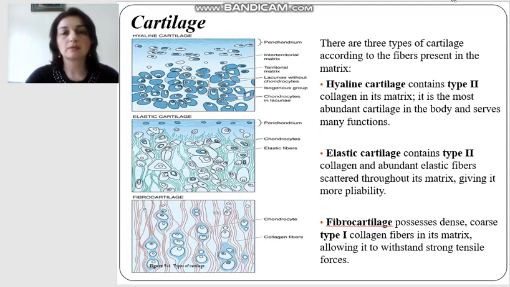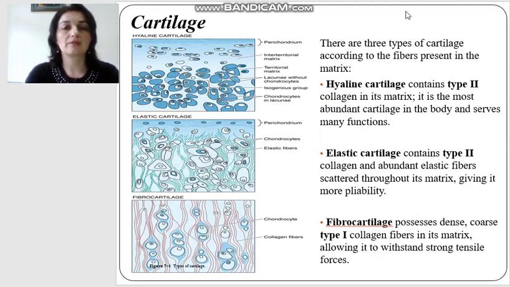It means that it needs nutrition and blood supply and immunological supply from the surrounding tissue, from the surrounding components. It will be provided by perichondrium, which covers the cartilage, and also in some areas, for example in articular surfaces, where the perichondrium is not present, it will come from the synovial fluid.